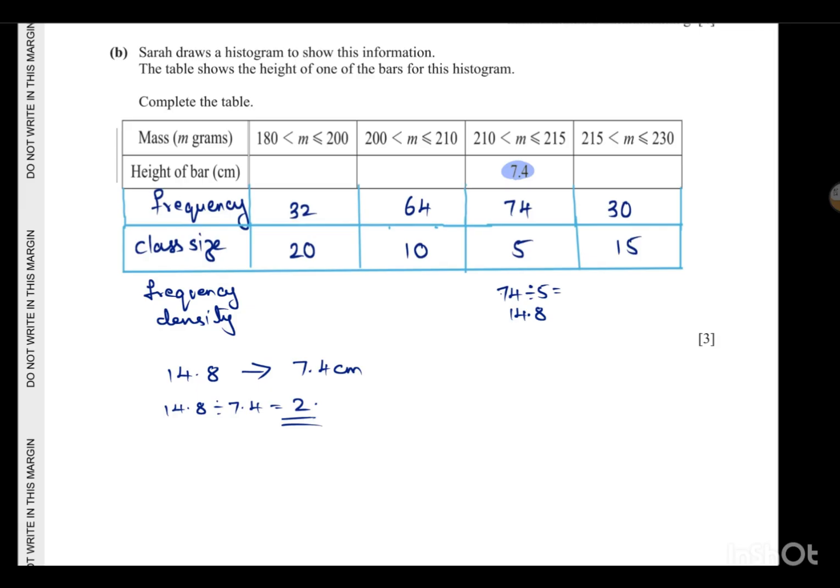So find out the frequency density for first class now. First class, 180 less than m less than or equal to 200. What is the frequency density for this? Frequency is 32 divided by class size.